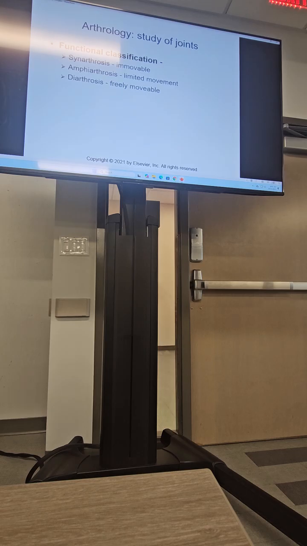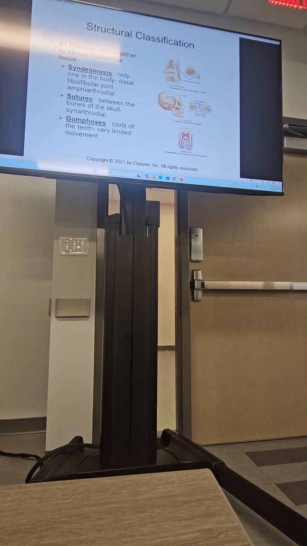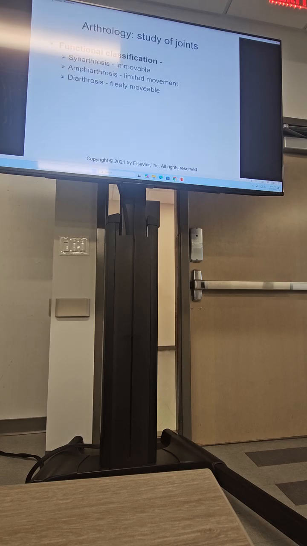And we have the structural classification, which is what they are made of, which tissues they are primarily made of. In terms of functional classification, meaning how they function and move, we have three types of joints.